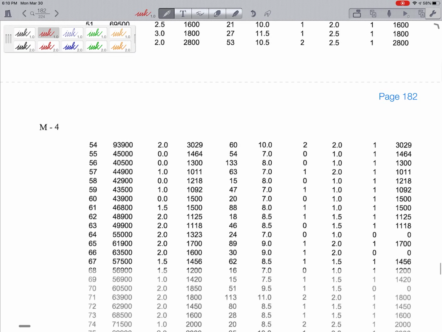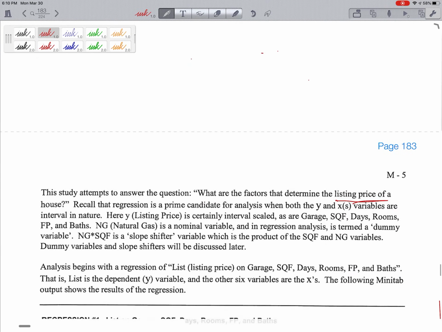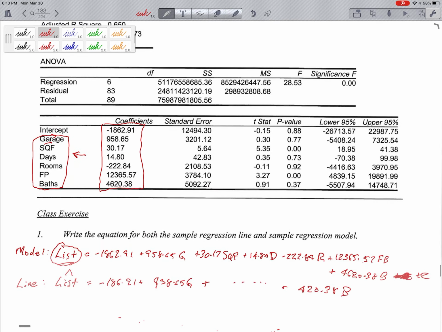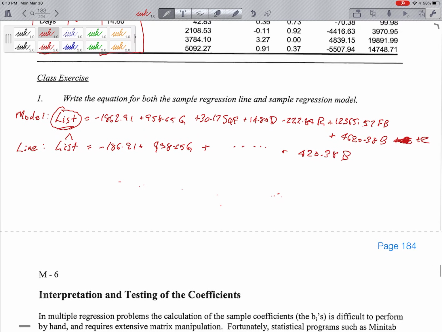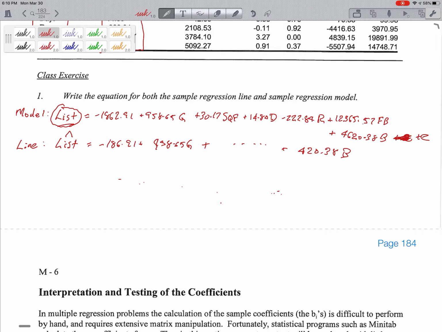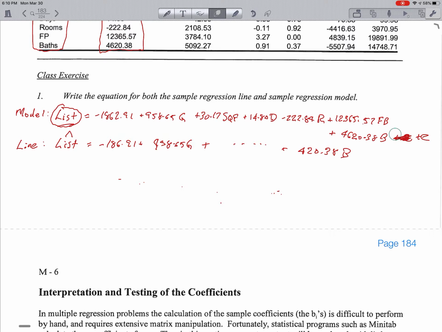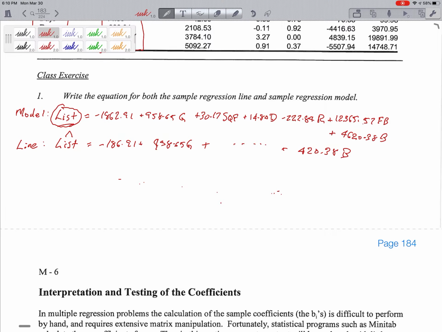And the difference would be the error. I'm not going to go through that calculation, but that's what we would do. And go back and take a look then in Unit S, where we walk through an example of that. So that's what we've got. Let me clean this up a little bit and put down again for the model. This is plus E, but you don't have that for the line.